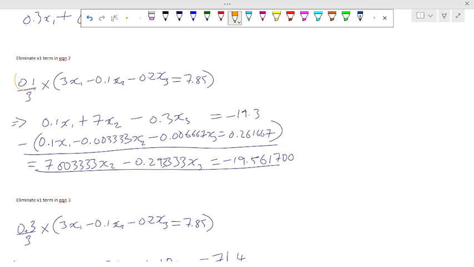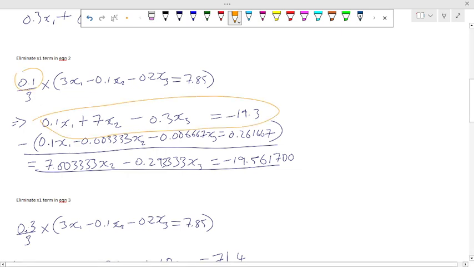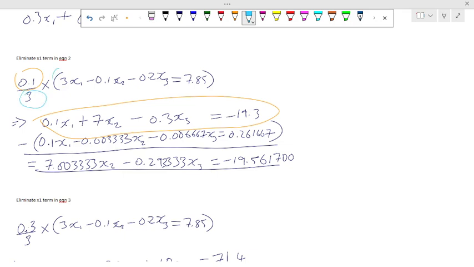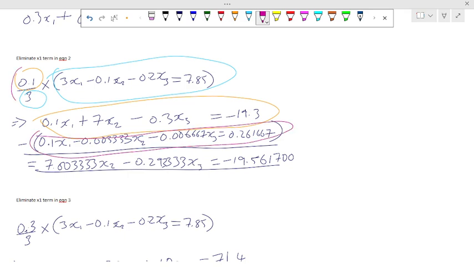This is from equation 2. This is from equation 2. This is from equation 1. This is from equation 1. And this from equation 1. Then this you have here is the result of this.